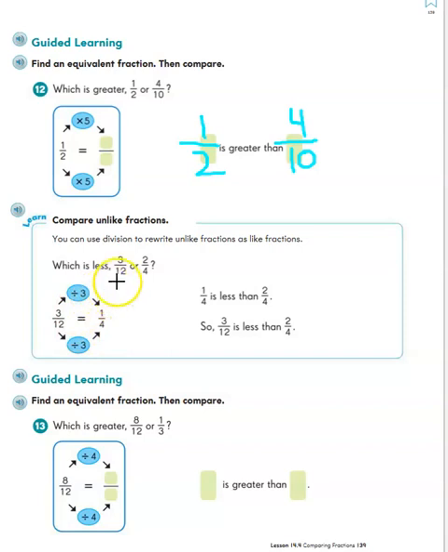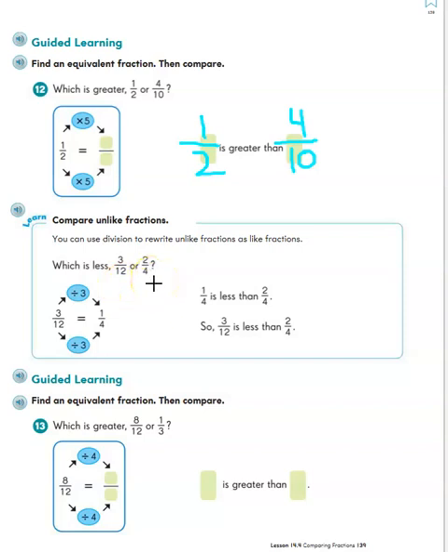So this time they're asking us which is less, 3/12 or 2/4. So this time we want to look at that 12 and figure out what we could divide that 12 by to get the answer 4.